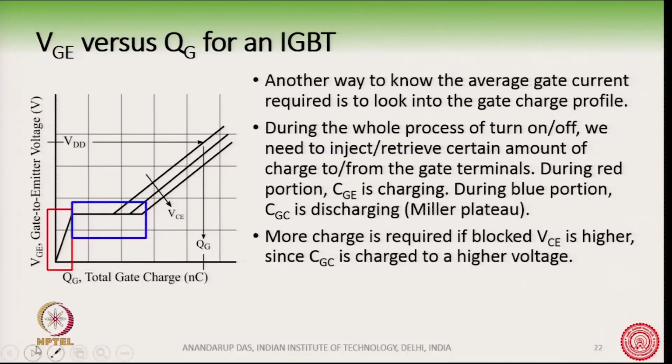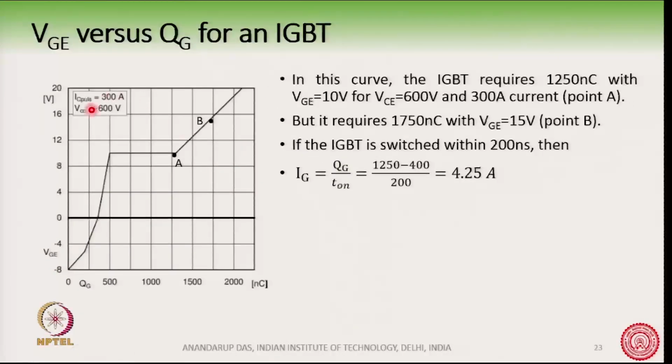Fine. So, here this is a more specific example, which is again taken from the same data sheet of the device which we talked about earlier, and here you can see the values given. So, this is the whole turn on process.